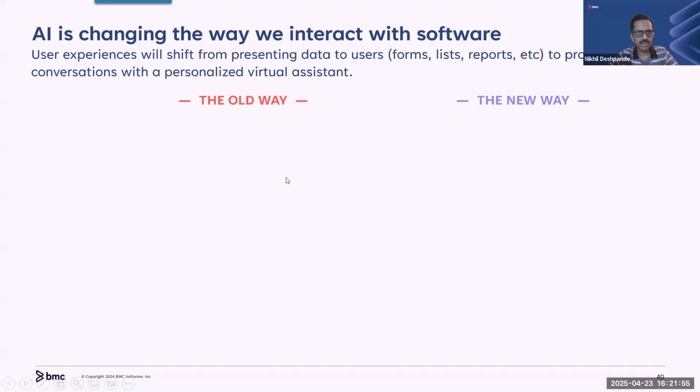And before getting into dashboards, I need to spend a few moments to just emphasize how AI is changing the way we work. Our interaction with business software is undergoing a fundamental change because of the advent of AI. All of us, or probably most of us, use AI in our personal lives, ChatGPT, Google Gemini, or whatever.